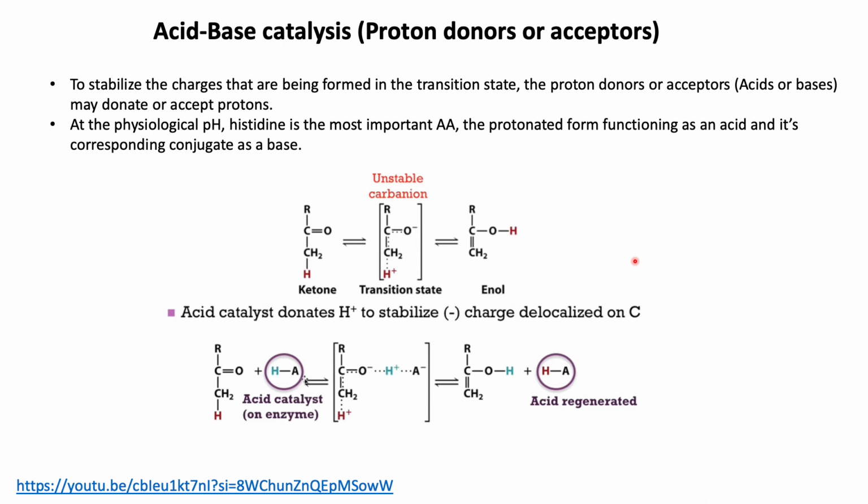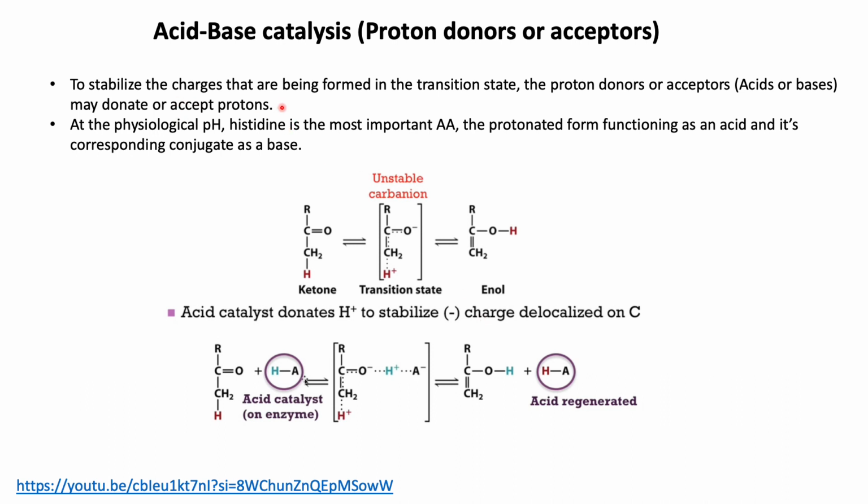Explaining such mechanisms, we have acid base catalysis, a catalytic reaction where protons, that is hydrogen atoms, are exchanged in the presence of weak acids or bases that donate or accept the protons. These act as the enzymes in this case. So basically acid base catalysis is a transfer of protons mediated by an acidic or basic enzyme.